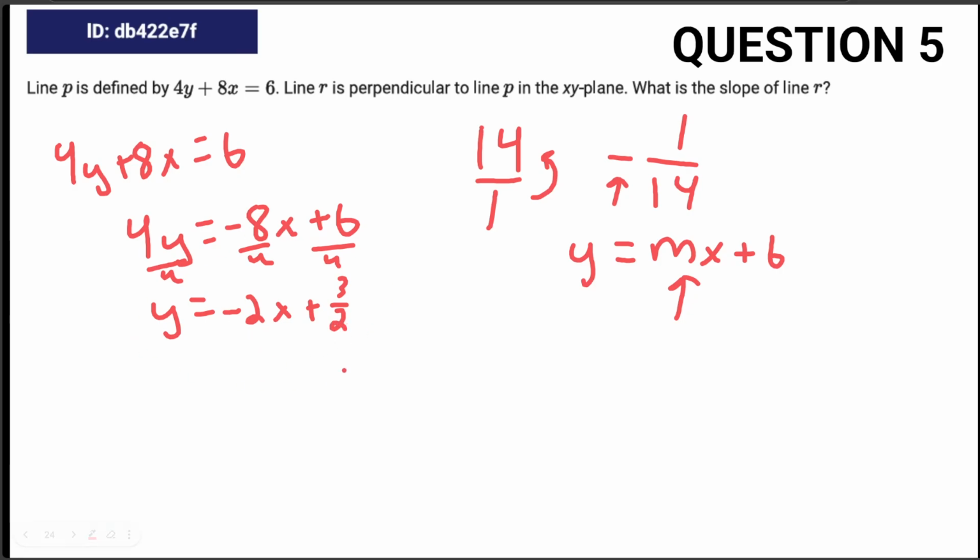So the slope here of line P is -2. And then we also know that line R is perpendicular, and we want the slope of line R. So we want to do the conversion we did up here, remove the negative, and then flip it. So that'd be 1/2. And that would be the answer.